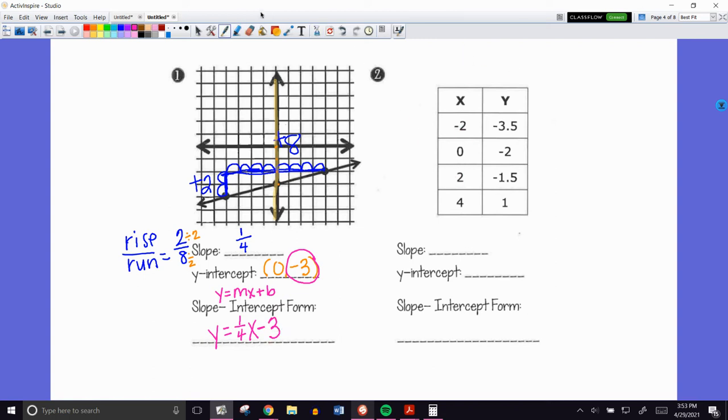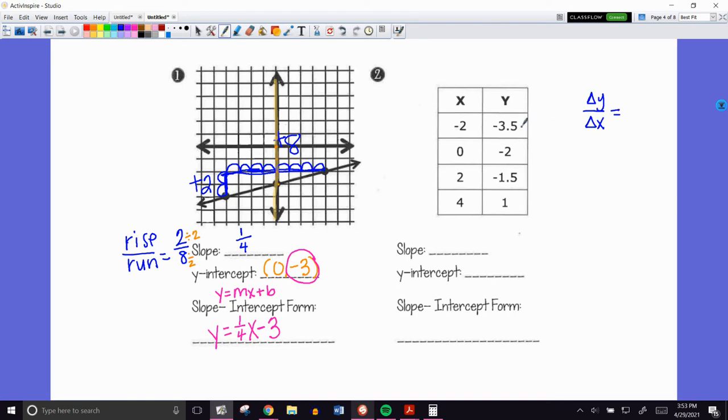Now for number 2, it is a little different. We have a table instead of a graph. So instead of using rise over run, I'm going to be using change in y over my change in x.